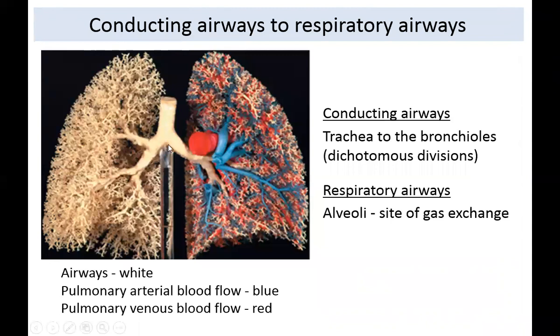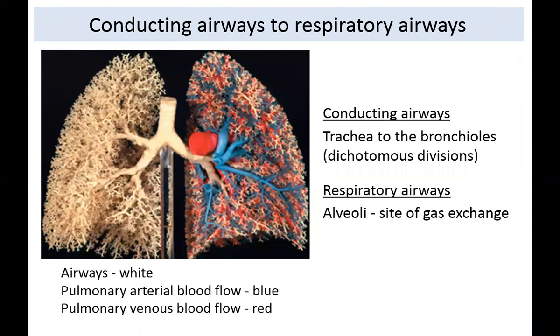So trachea and bronchi. The airways are in white here, and on this side, this is an ink injection. You can see the pulmonary circulation. And so you can see the pulmonary artery blood flow in blue and the pulmonary venous blood flow, after it's been through the alveoli and picked up the oxygen, in red.